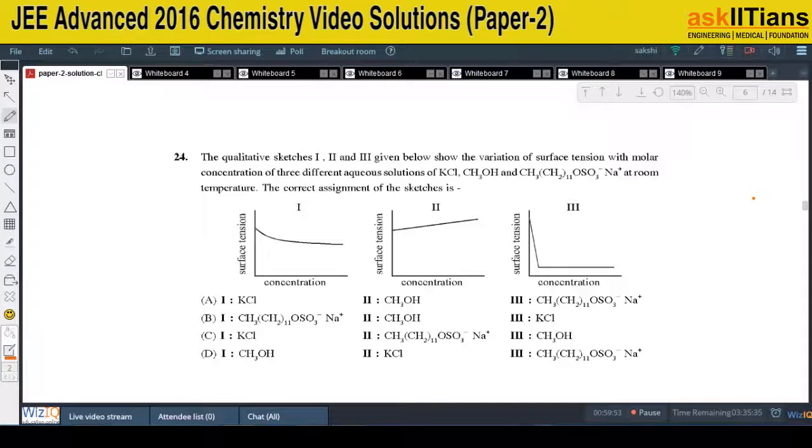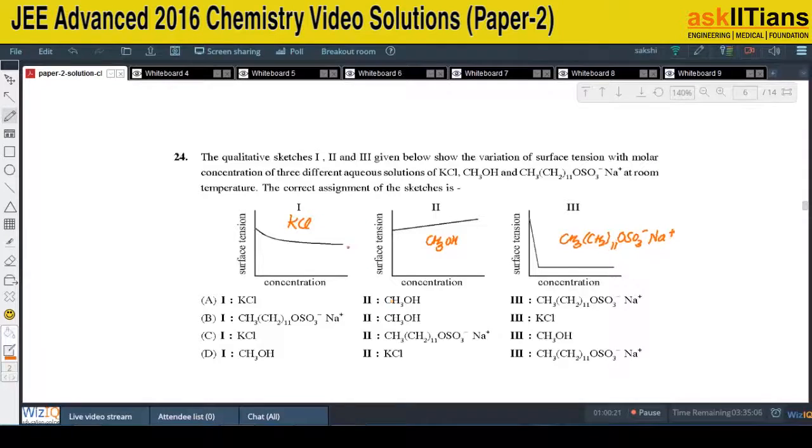The first sketch is surface tension versus concentration, and the same for the second and third. Then you have surface tension with the concentration of CH3OH, and surface tension with concentration of CH3(CH2)11OSO3- Na+.